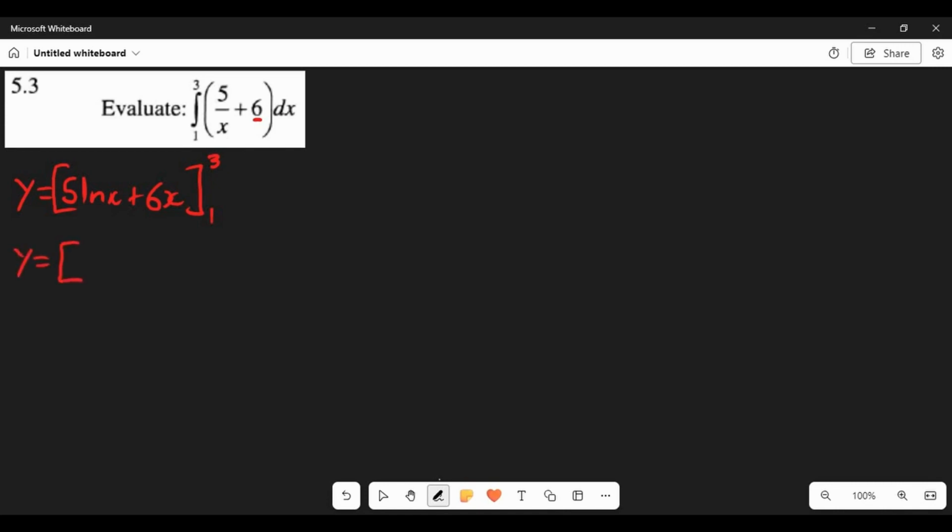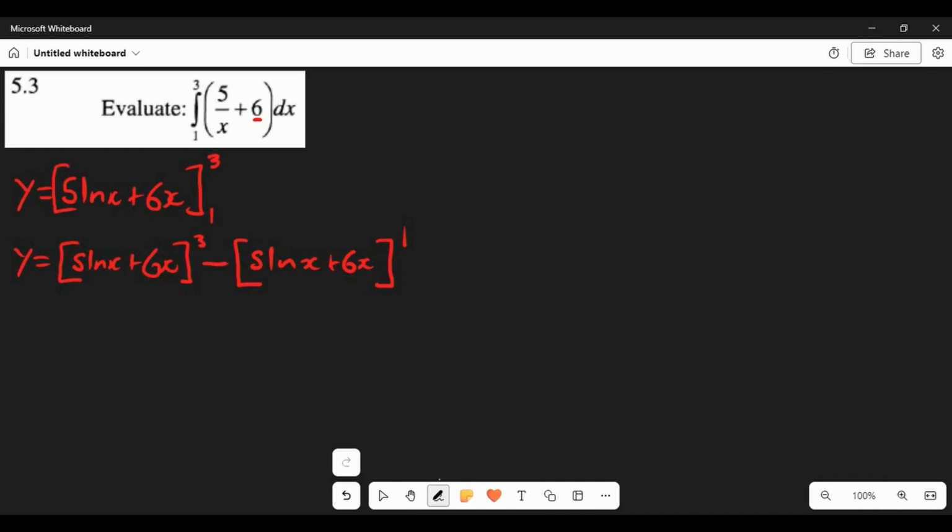The first bracket is for the upper limit, so you're gonna write the integral inside there as it is, but then you write the upper limit here, and then you always subtract by the lower limit, but you also gonna write the integral inside the bracket as well. So the integral is the same, it's just the limits that are different. So this is gonna be 1. So the first bracket is for the upper limit minus the second bracket for the lower limit.